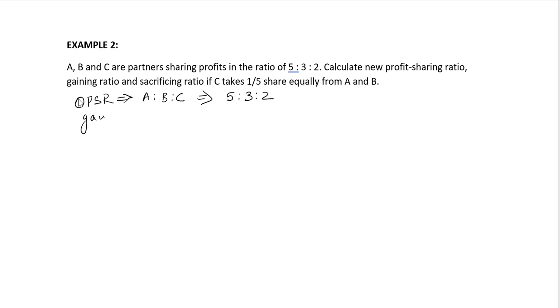So the gain of C is equal to 1 divided by 5. And since he takes this equally from A and B, the sacrifice ratio between A and B is equal to 1:1.